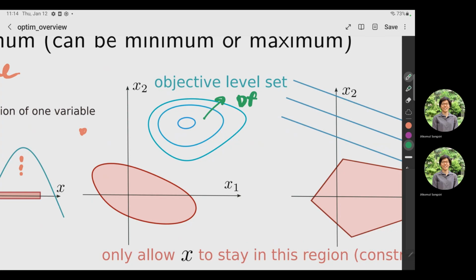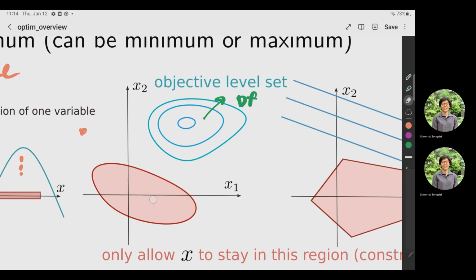Think about this as your R2 plane, and the contour is what you look at here, and the pink one is the constraint region. You only want to find x within this region, where you want to minimize the function.